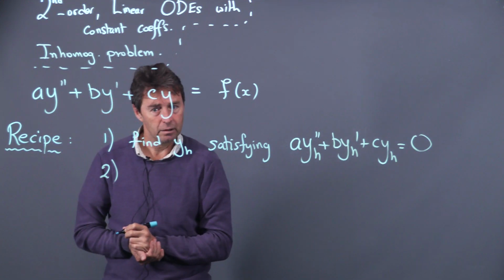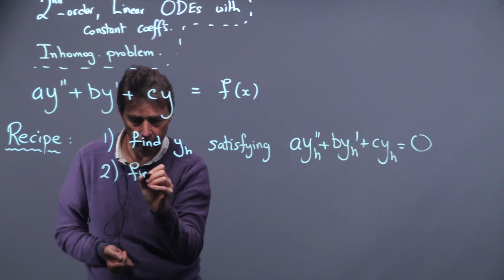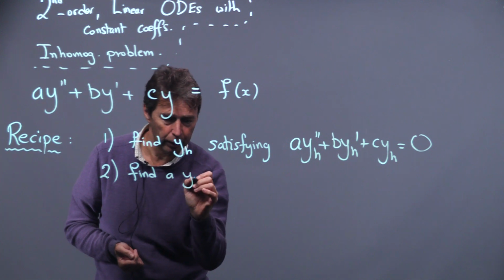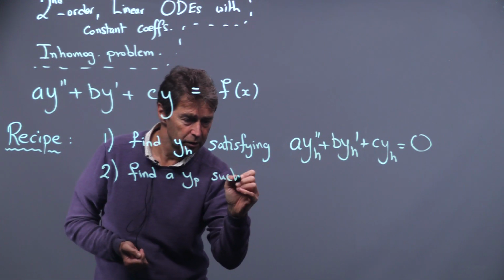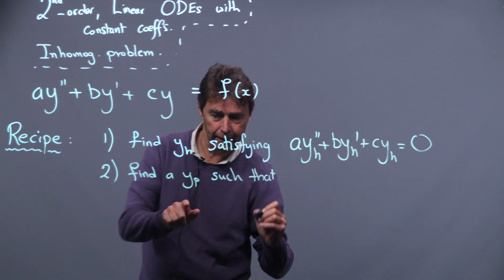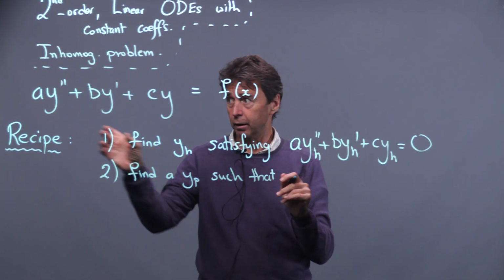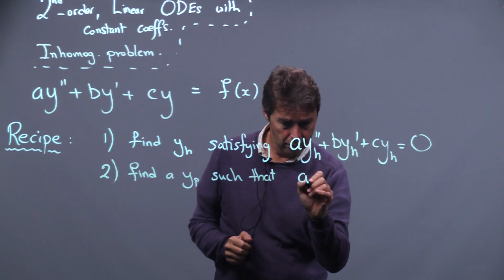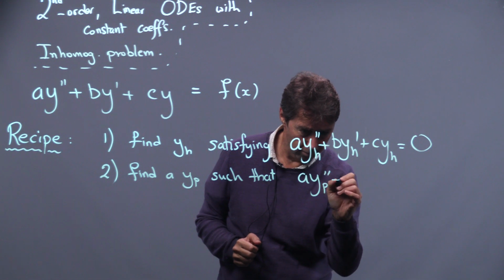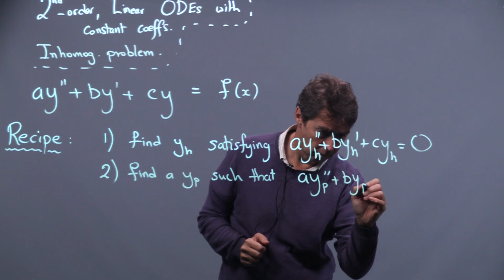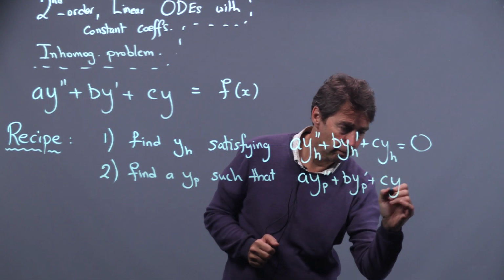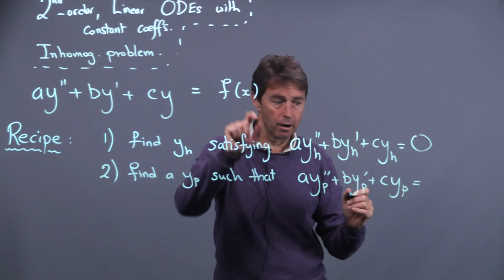Having done that, I then find a yp such that when I take that function and I pop it in here, instead of getting 0, I get f of x.